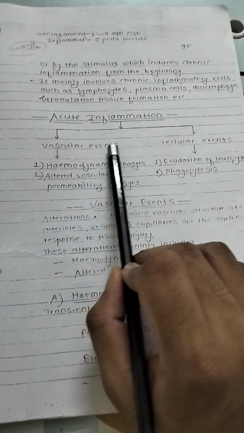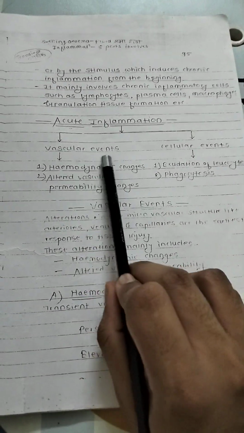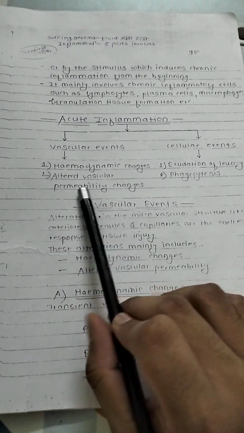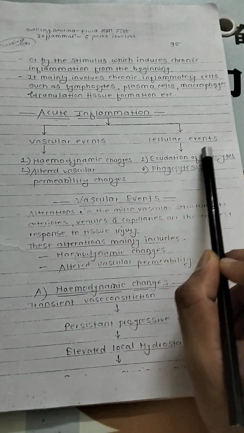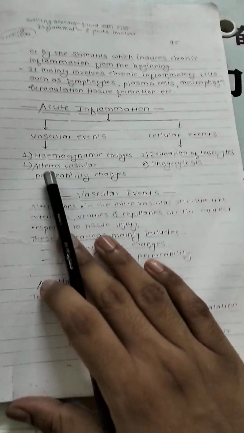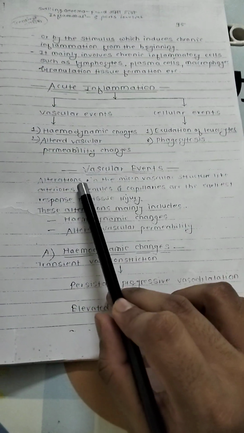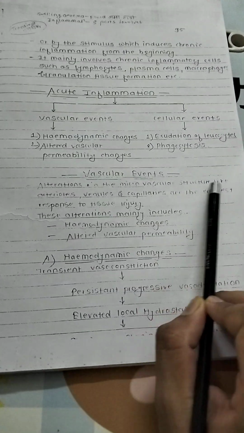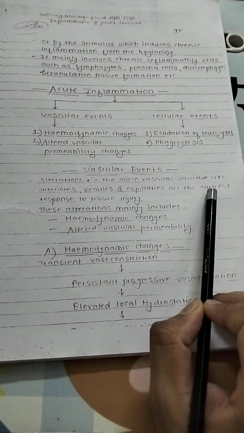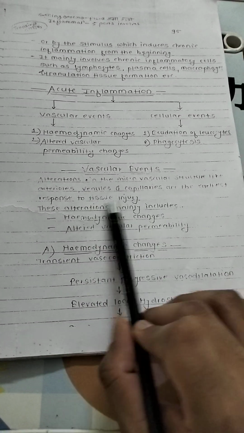Acute inflammation has a vascular event and a cellular event. The vascular event involves hemodynamic changes and altered vascular permeability. The cellular event involves exudation of leukocytes and phagocytosis. In the vascular event, alterations in the microvasculature, like arterioles, venules and capillaries, are the earliest response of the tissue to injury.